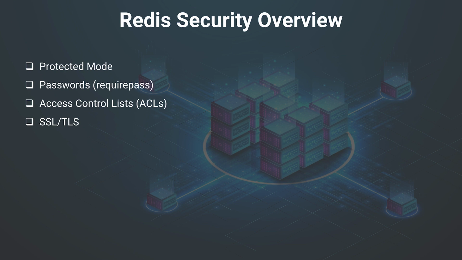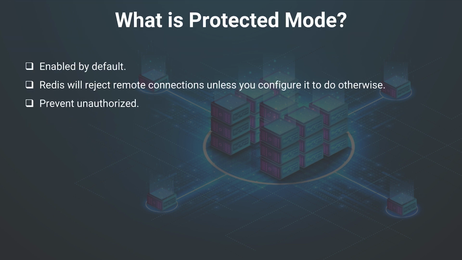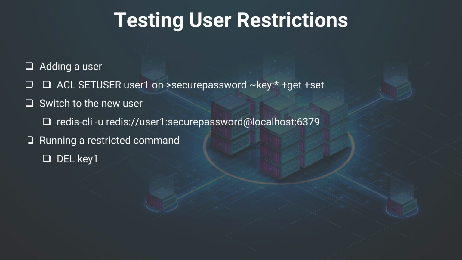You will then progress to understanding how to secure the Redis database. Here, you will start by exploring the existing security features in Redis. Then you will learn about different modes in Redis and how to configure access control lists and learn how to manage user permissions.